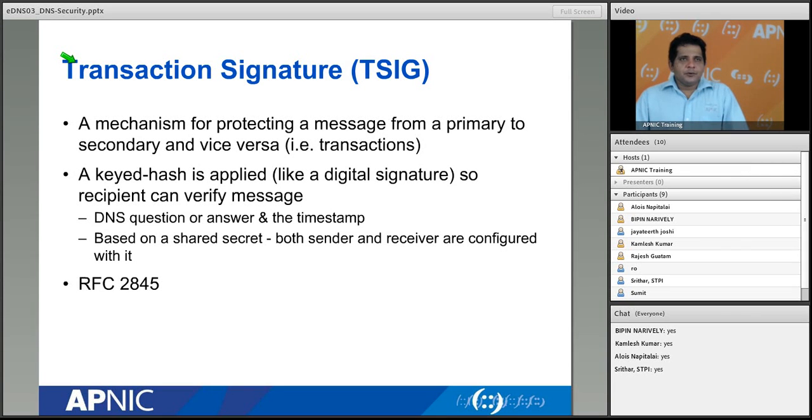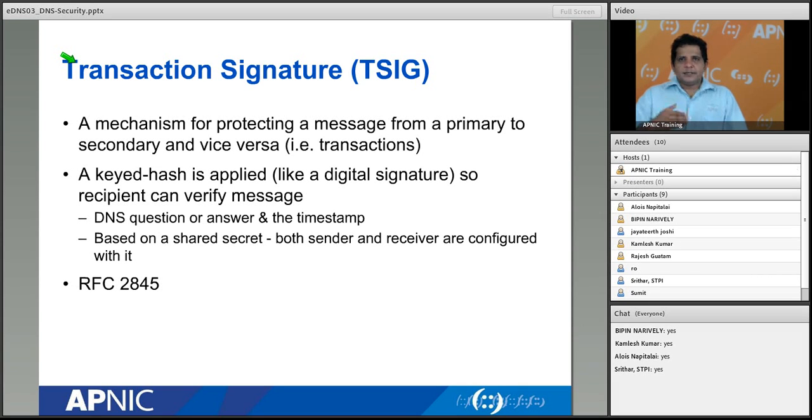For example, if you remember the diagram I showed you earlier, the DNS data flows, there were transactions between primary and the secondary, right? I told you that the secondaries come to primary name servers and get the zone files.